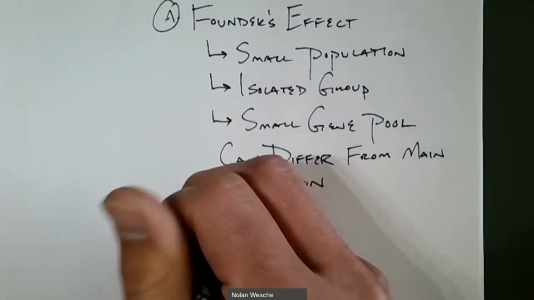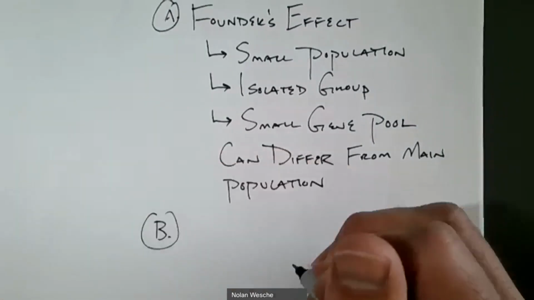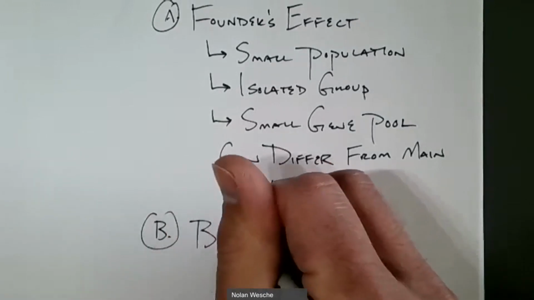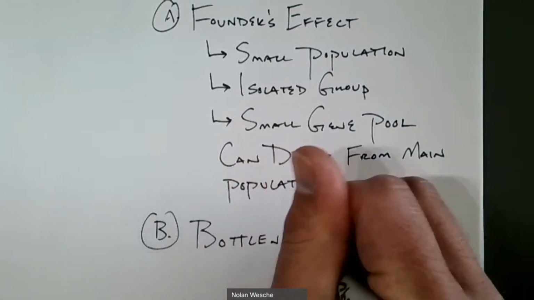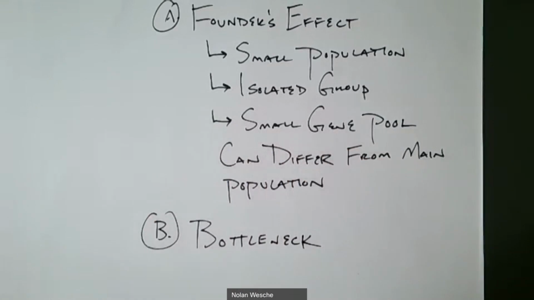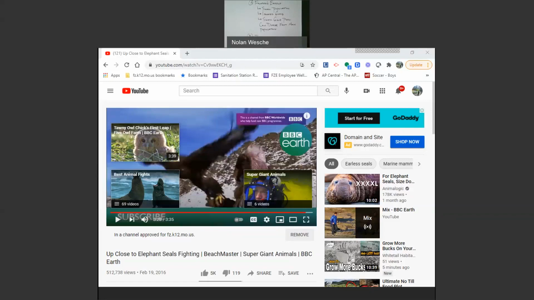There's going to be a second example here that we're going to look at, and it's called a bottleneck. And this is a way that, again, alleles can drift due to random chance. And it's called a bottleneck because it looks a lot like as if you're filtering the population through a bottle with a slim neck.